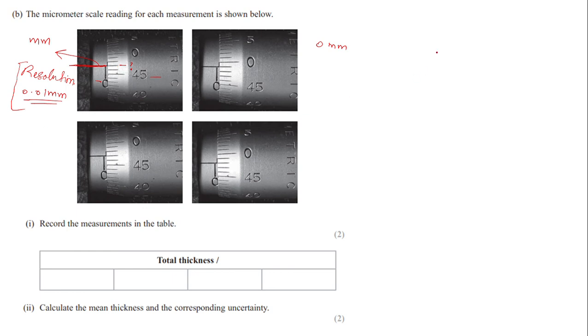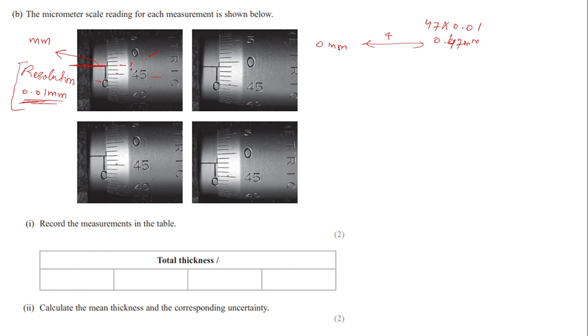The 47 is always multiplied by the resolution, which is 0.01. When you multiply these two, you will have 0.47 millimeter. This is the reading in millimeter from the circular scale, and then you add these two together to get the final result.